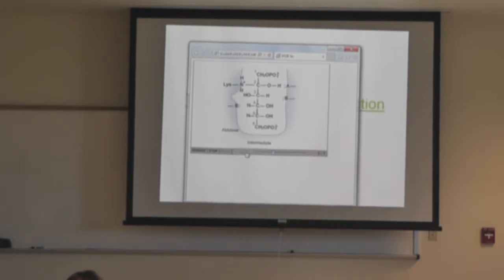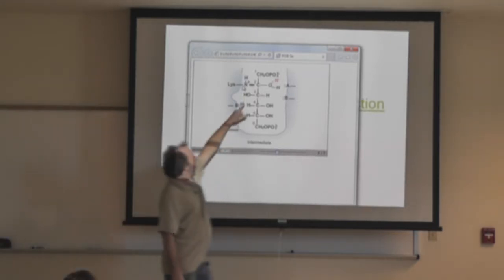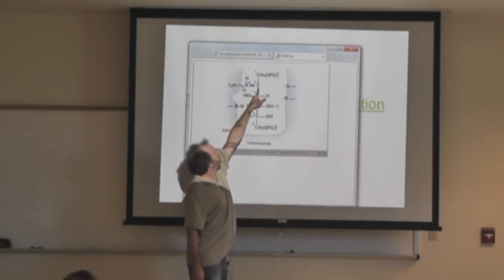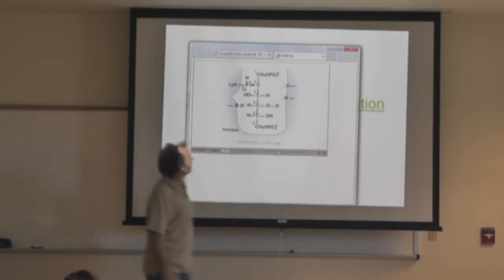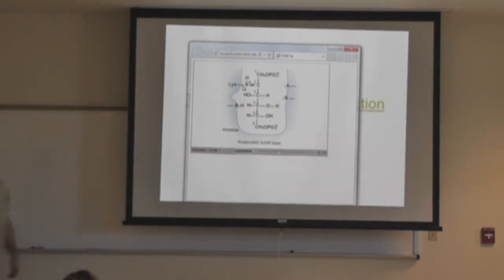If we continue, you have a quaternary nitrogen then here. This can then form this quaternary Schiff base type structure, right? So you have a protonated Schiff base, okay?